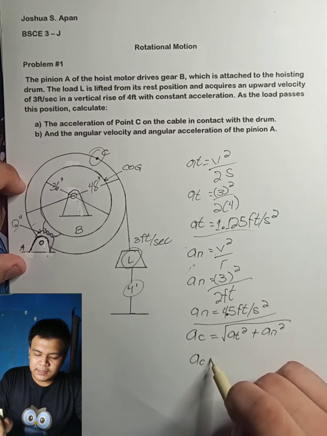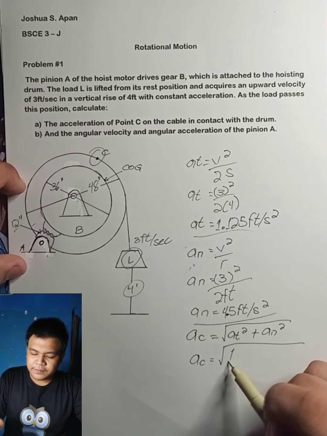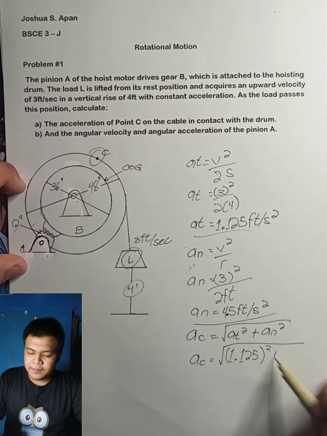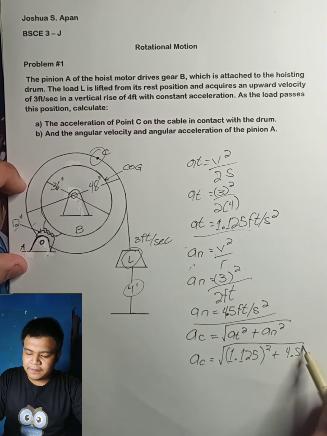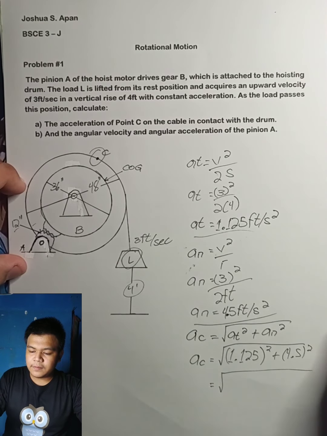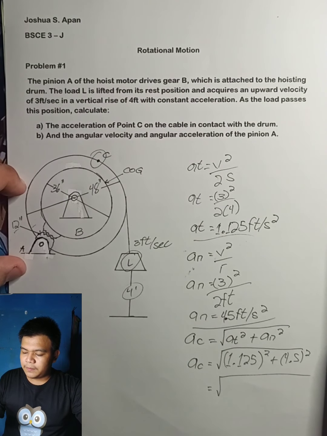So, AC is equal to square root of 1.125 squared plus 4.5 squared.